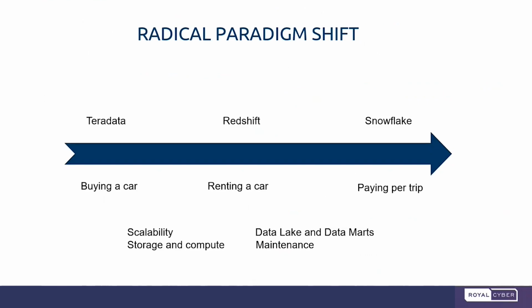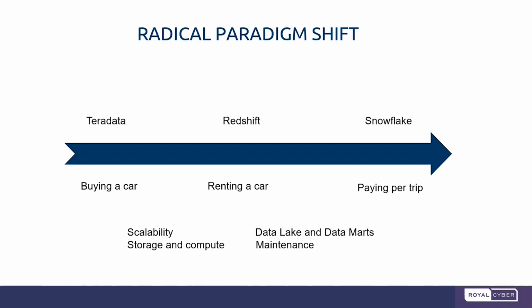Okay, so now we can take a look at how things changed, and we moved from Teradata to a cloud-based data warehouse. If we use Teradata, it's like buying a car in terms of the cost. If we are using Redshift, it's like renting a car, and when we use Snowflake, it's like paying per trip.